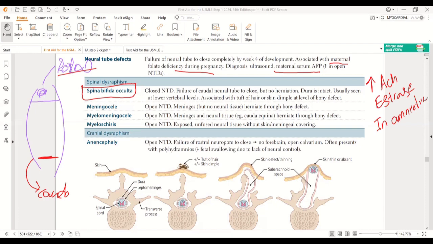So alpha fetoprotein is normal in spina bifida occulta, right? Spina bifida occulta is a closed neural tube defect, while these are open neural tube defects.